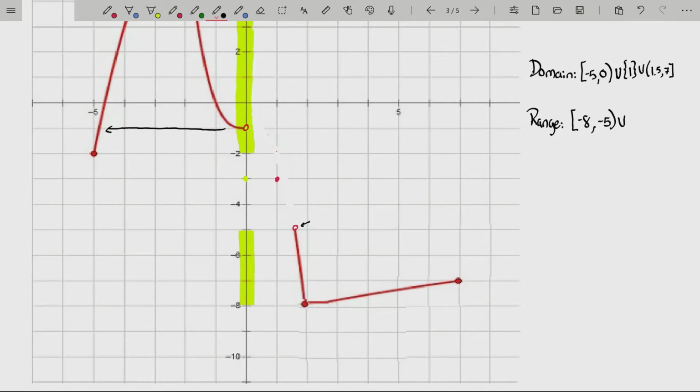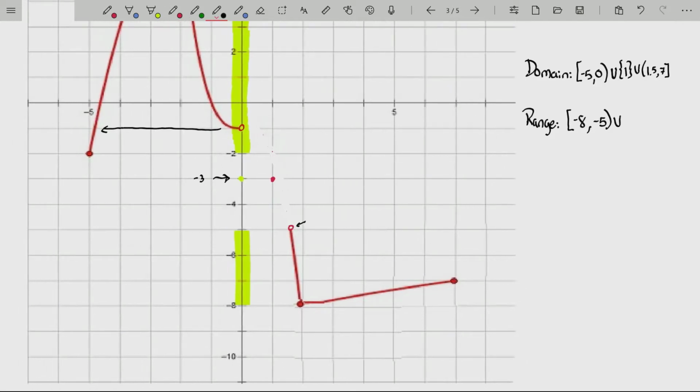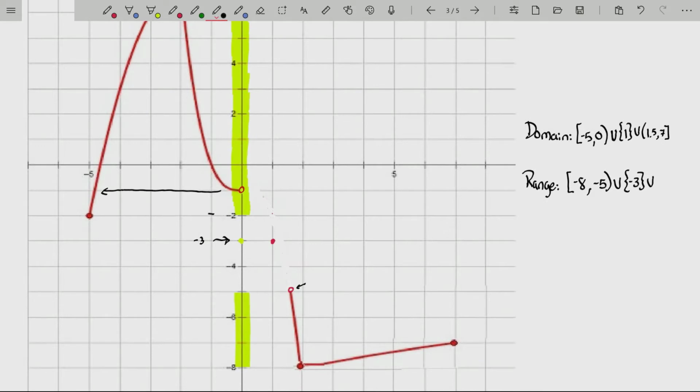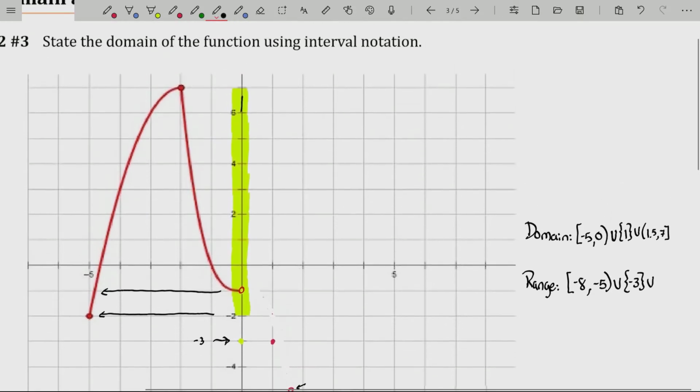It skips over a region and picks back up at -3 right there. So again, if it's a single point in space, roster notation. Then it skips over another region and starts back up at -2. You get to include -2. And it'll climb all the way up to 7, and you get to include 7 as well. So -2 to 7, and you get to include that.